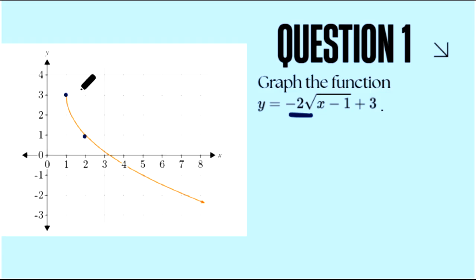This has a starting point because anything less than x equals 1 is going to give a negative number, and it's not going to work because you can't have a negative number under a square root. So there are no points beyond this to the left, but this goes on forever. That's going to come in later.